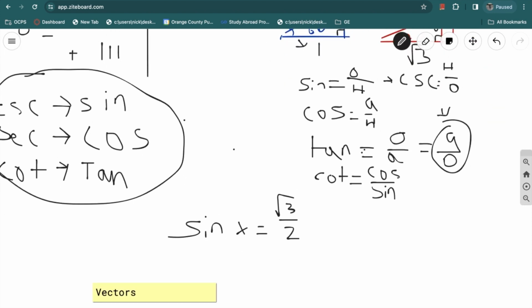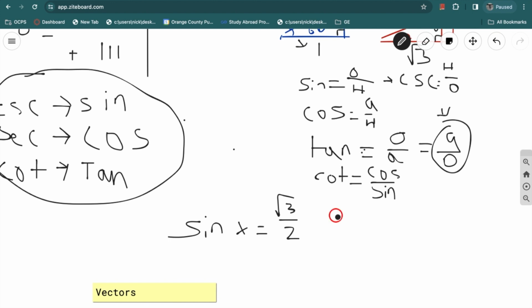What you gotta do here is solve for x. So it's the same as algebra, but what you do here is take the inverse of sine. The inverse of sine is not cosecant, but, well, it could be cosecant. No, it is cosecant.